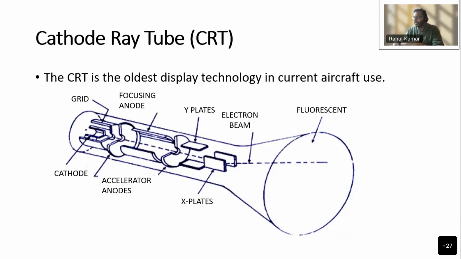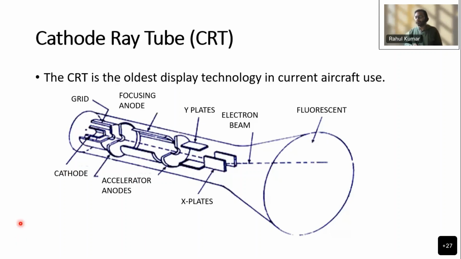So the CRT consists of cathodes. It has a heating element surrounding the cathode, and a grid or a mesh. Along with that, it has an assembly of different anodes. So the heating element or heater around your cathode will heat the cathode.